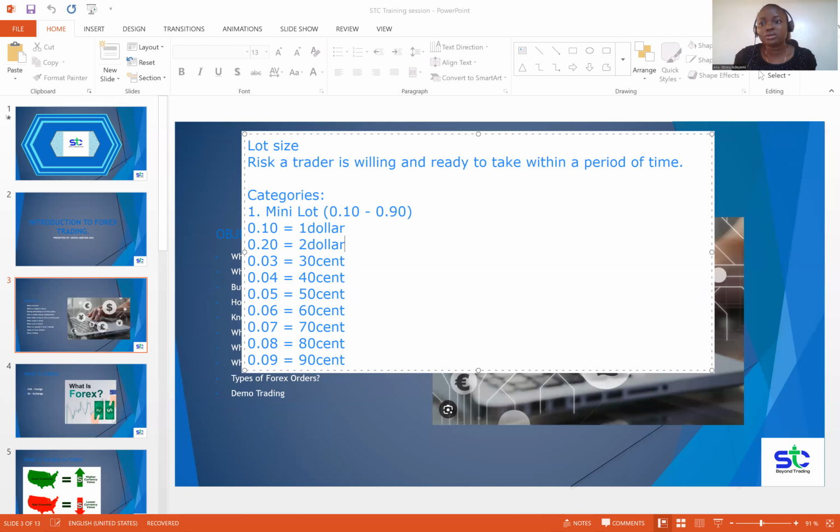Now, if you decide to use 0.3, every pip's movement is $3. If you decide to use 0.4, every pip's movement is $4. If you decide to use 0.5, every pip's movement is $5.